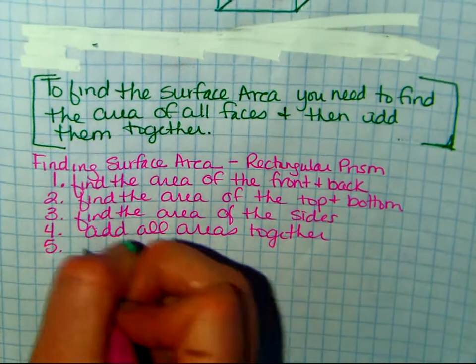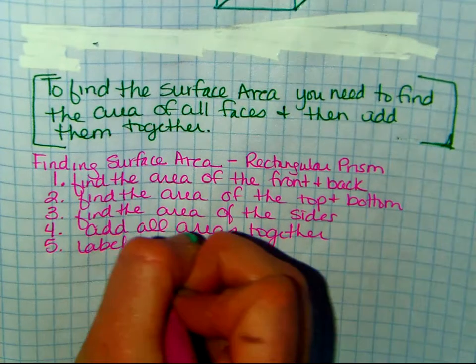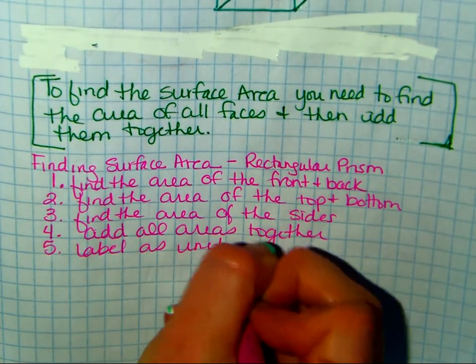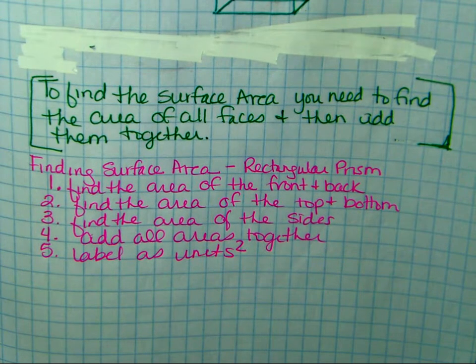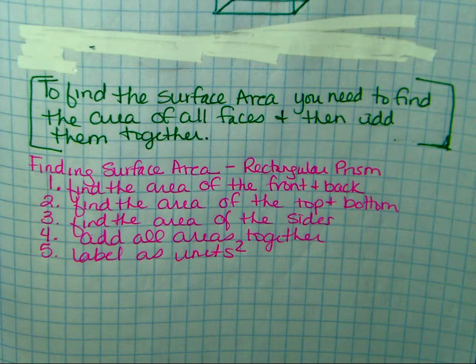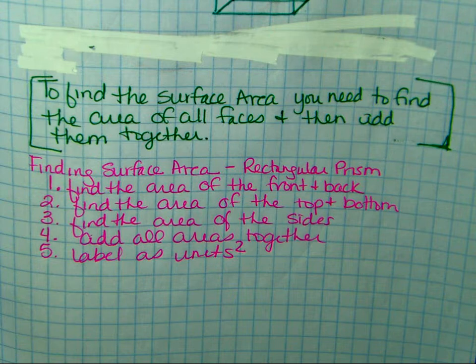And then finally, label as units squared. Because we're not yet doing volume, we're not doing the inside piece, we don't do yet to the third. We do cubed when we're actually doing the inside area, but this piece is still the outside. You're still doing a flat edge.